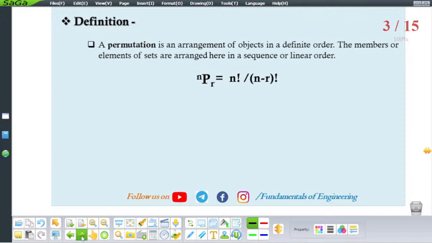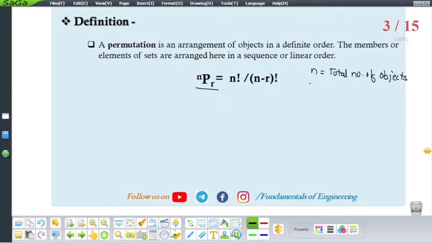So the formula for permutation is nPr, which is equal to n factorial upon (n minus r) factorial. What is meant by this small n? Small n is the total number of objects.